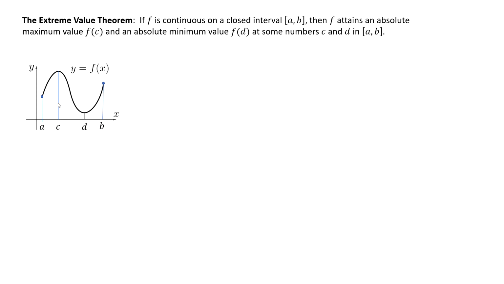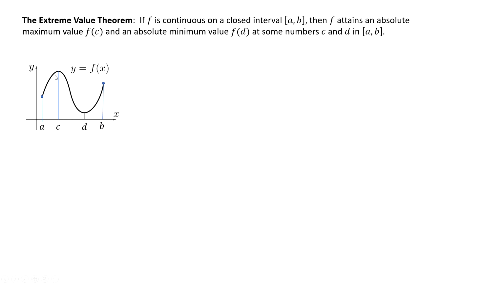Let me repeat that. What this theorem is saying is, if you have a function defined on a closed interval [a, b] and it is continuous on the closed interval [a, b], this theorem is guaranteeing something. The function is guaranteed to have an absolute maximum and an absolute minimum somewhere in that closed interval [a, b].